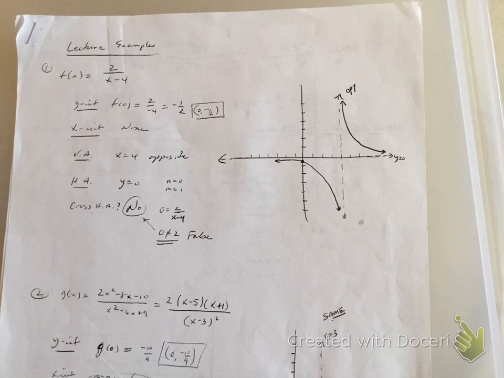Now, as we discussed when we did y-intercepts previous to this, all you had to do is look at the constants. That's what I'm looking at right here, the constants. So my y-intercept is going to be the point (0, negative 1/2) after you reduce it. Then you have to look for the x-intercepts, and the x-intercepts are whatever makes the numerator equal to 0.